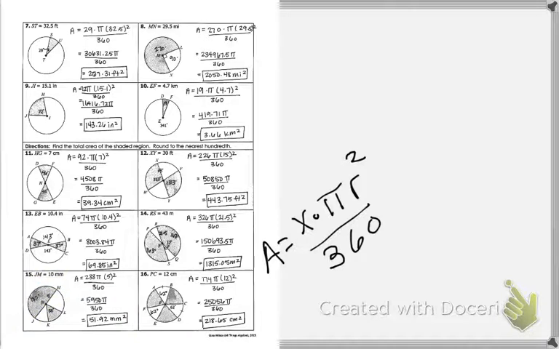Let's look at 14. Again, they're looking for the area of the shaded regions. Again, we're using this equation. We need to solve for those shaded regions, the degrees inside those. So they give us this right here, 17 degrees. And that means this is 17 degrees as well.